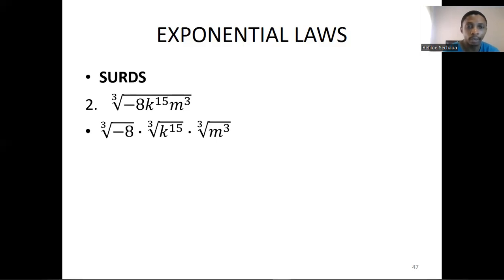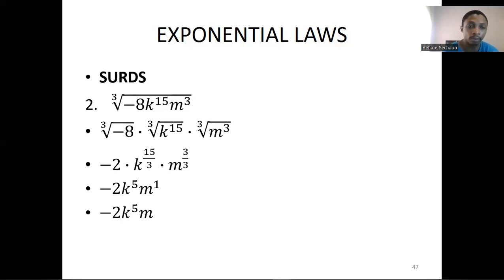And you're going to have k to the exponent of 15 over 3, m to the exponent of 3 over 3. Your answer will now be -2 k to the exponent of 5 m to the exponent of 1. But remember, if the exponent is 1, we do not need to write it. So your final answer will simply be -2 k to the exponent of 5 m.